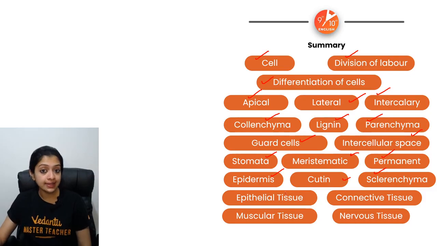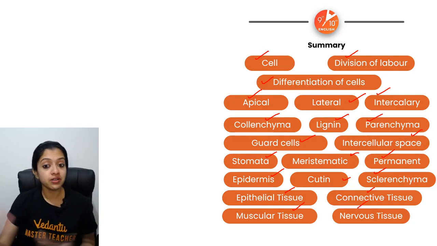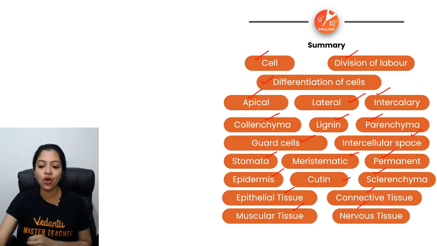Sclerenchyma, and the animal tissues which are epithelial, connective, muscular, and nervous tissue. Right, children? So that pretty much summarizes it all.